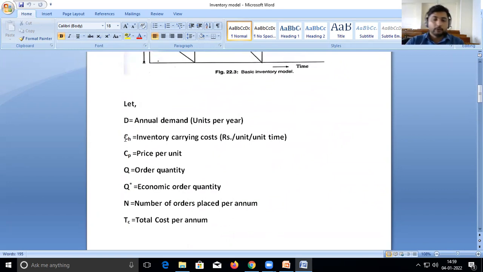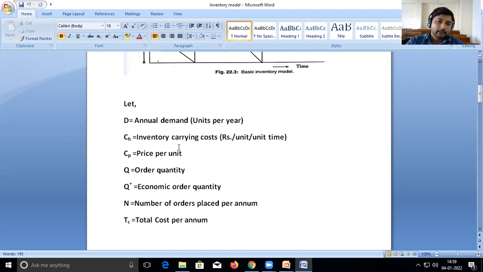The first nomenclature is D. D means annual demand: how much material, how much stock you need in one year. So that will be considered as demand, per year how much is needed, the annual demand. Now C suffix H, the next variable we require.